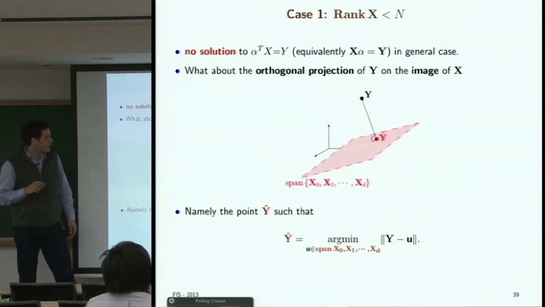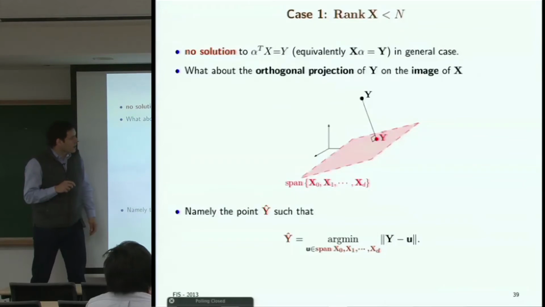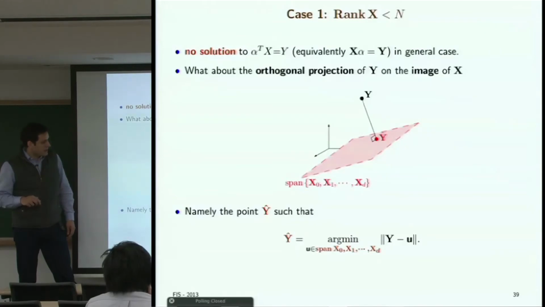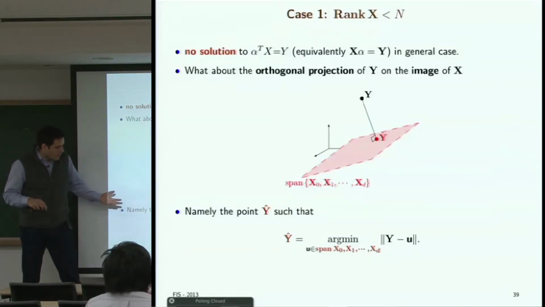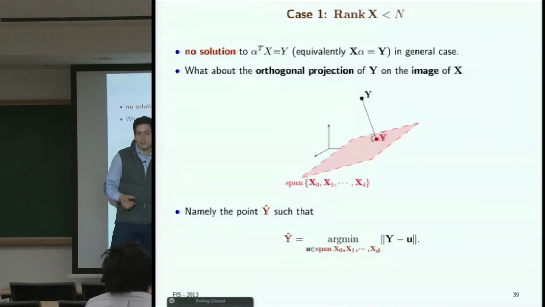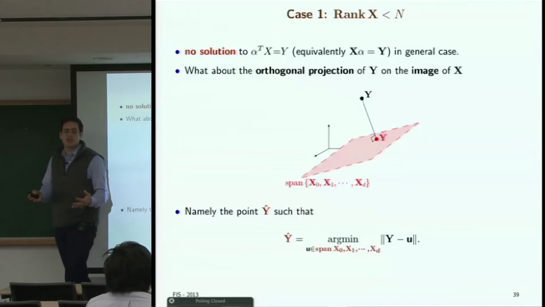So we say, if there's no solution alpha transpose x equals y, or x alpha equals y, then we just take the value y hat, which is in the linear span of my variables, meaning I'm taking the minimal point u in the span which minimizes the distance of y to this. This is just the projection. This is the definition of the projection.